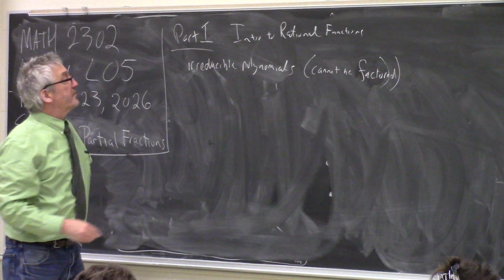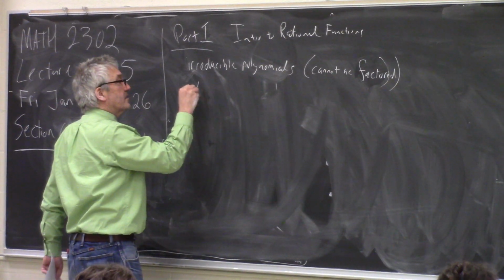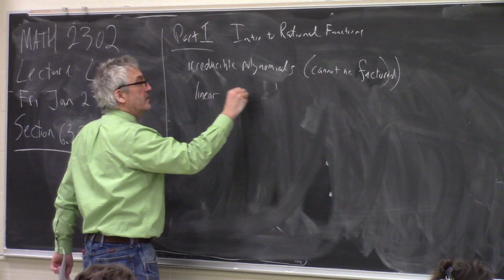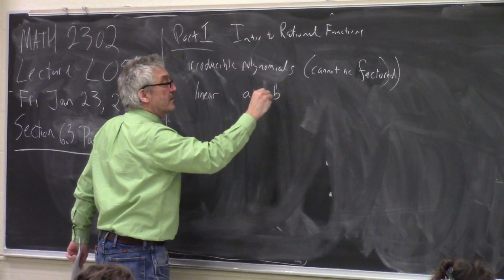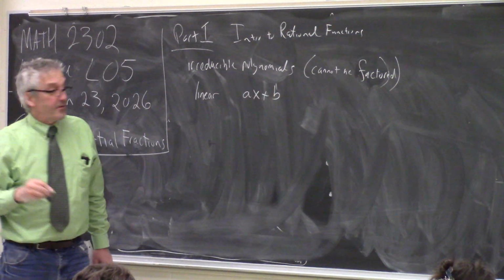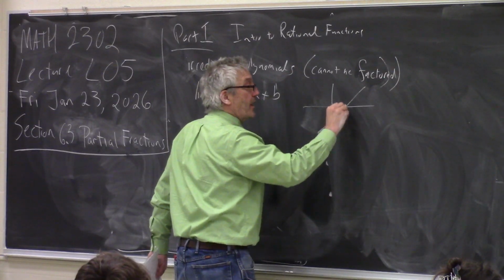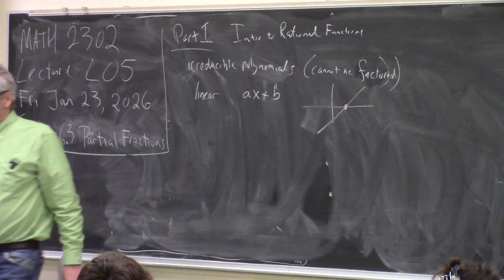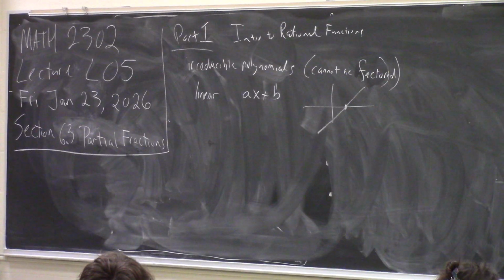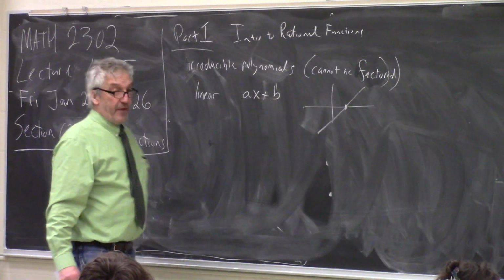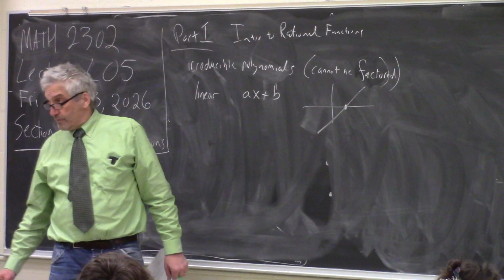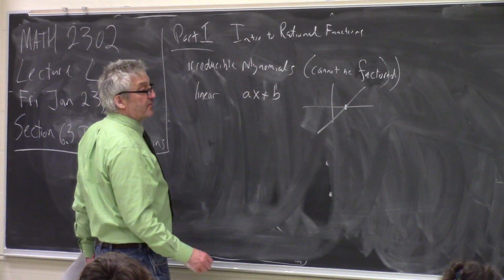So there are two types. Linear, so ax plus b. You can't factor that any further. Now the graph of that is going to be a straight line. It crosses the axis once. That x value is going to be the number that causes that factor to be 0. There's just going to be one of those.